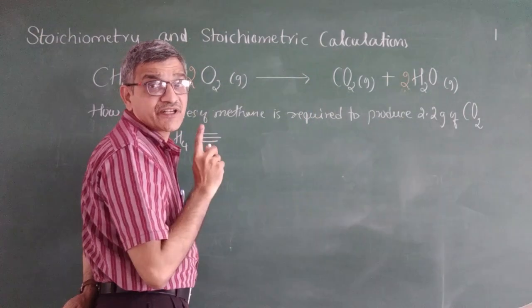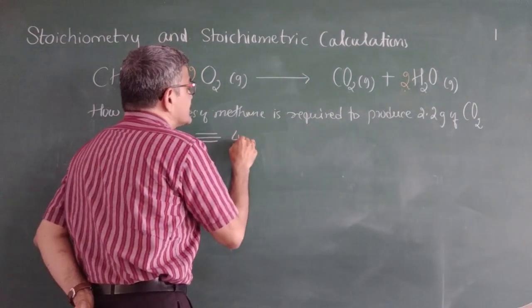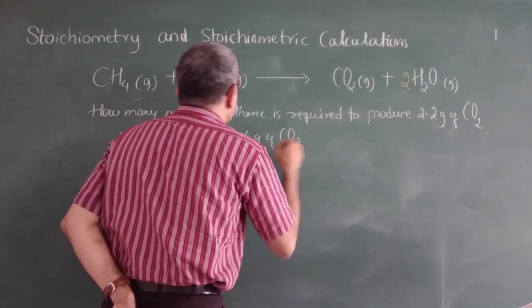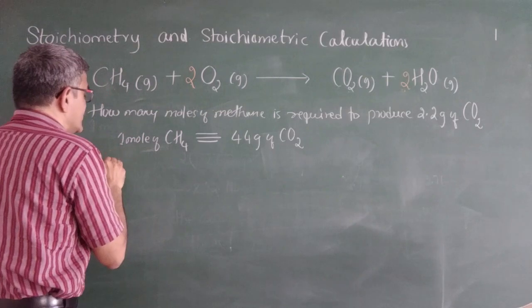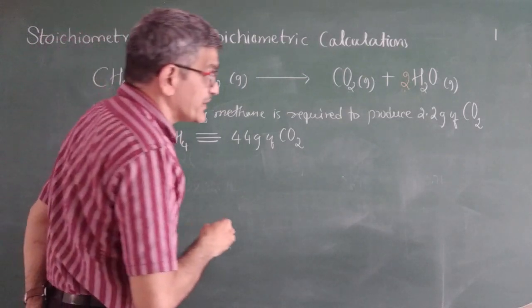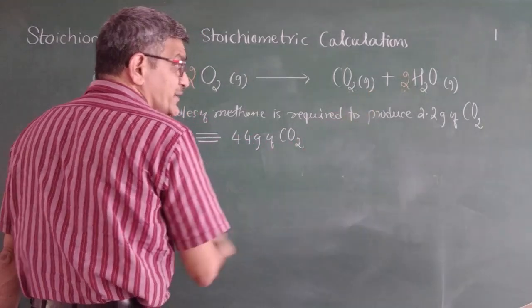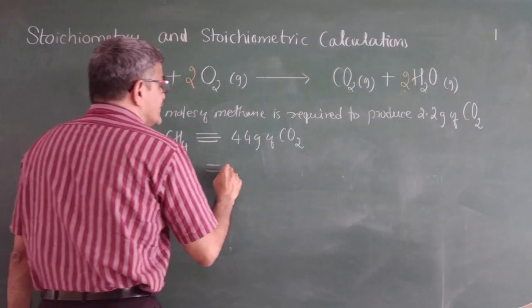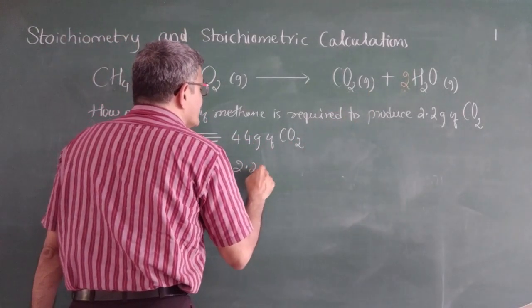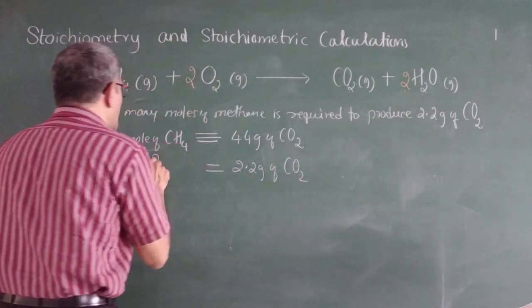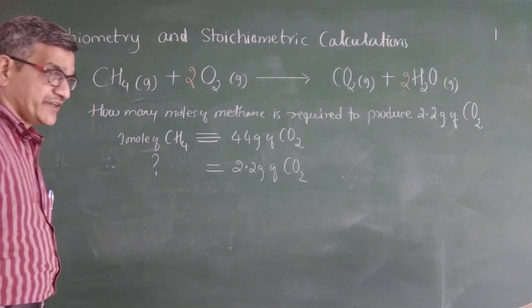It is 44 grams of carbon dioxide. Therefore, what they ask is: to produce 2.2 gram of carbon dioxide, how many moles of methane are required?